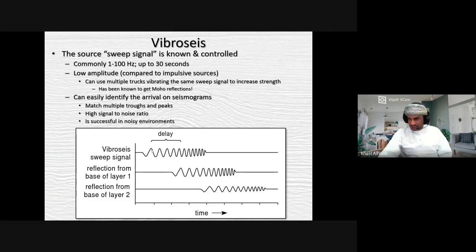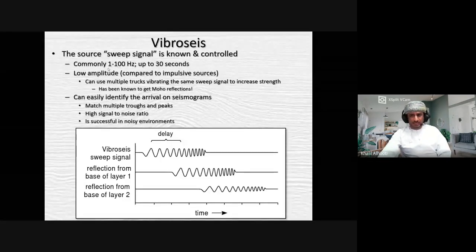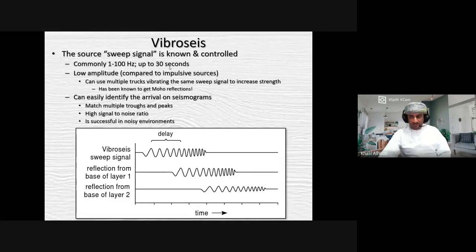The distance or time from peak to peak or trough to trough is decreasing, since the frequency itself is increasing. Nowadays sweeps can be 6 seconds, 10 seconds, 12 seconds, that much. It depends on your acquisition parameters, basically, and how deep you want to acquire.